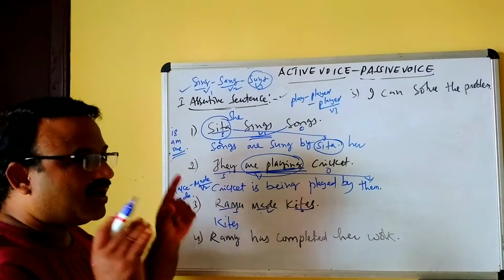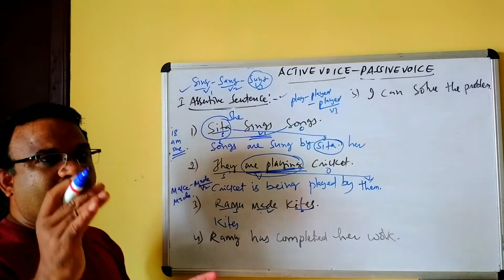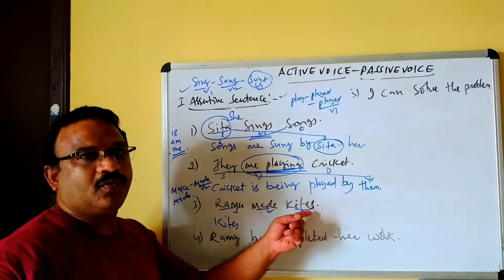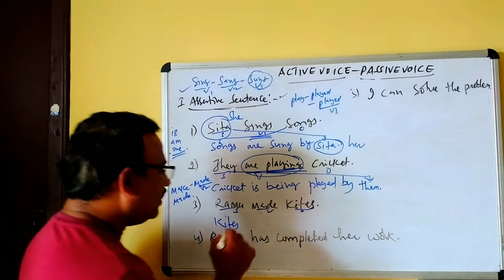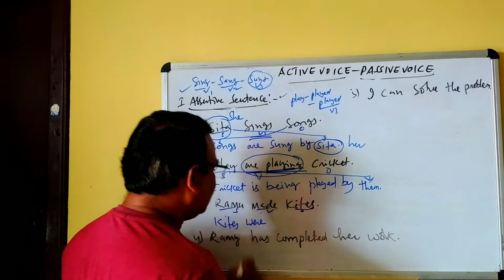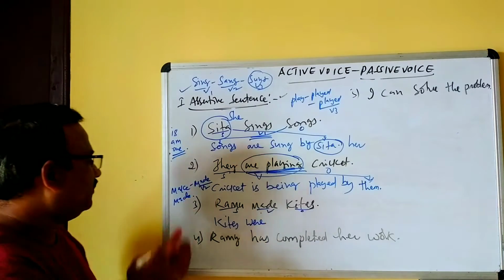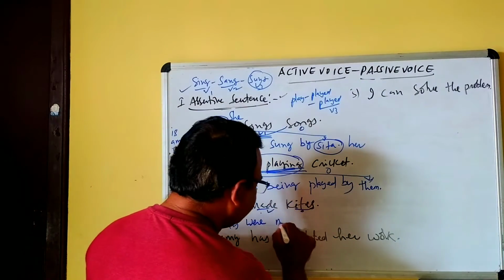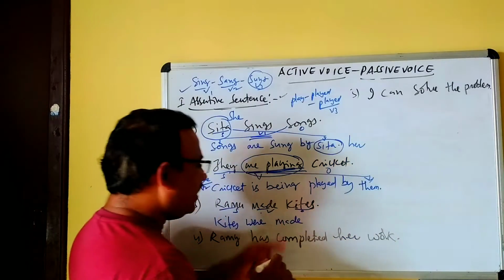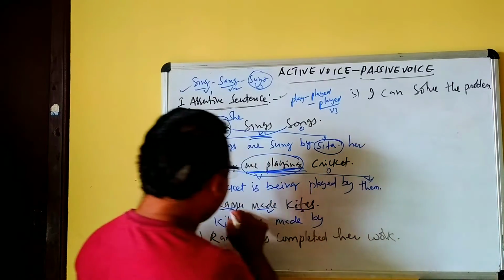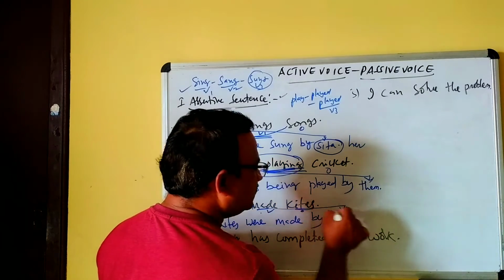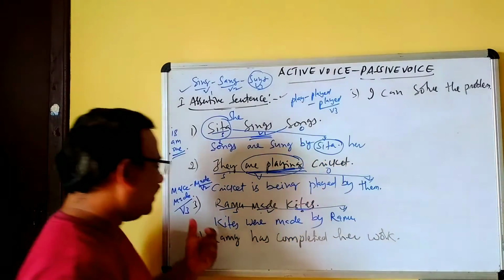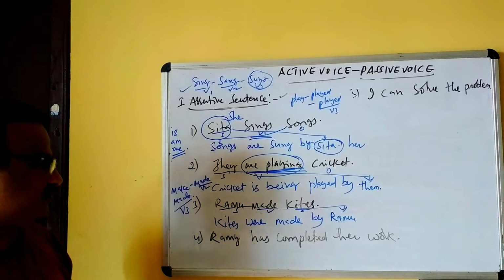So for past tense, be form verb was or were. Here kites plural, so we must use were. Kites were. Past participle V3, made. Kites were made. Preposition by. Here Ramu, as it is a noun, so same as Ramu. Kites were made by Ramu.